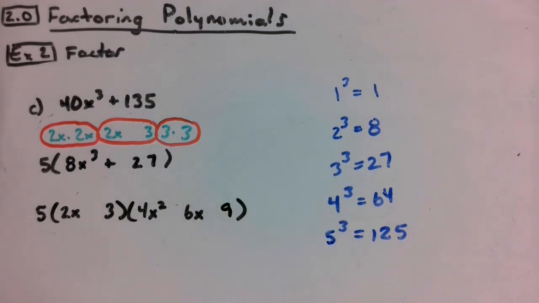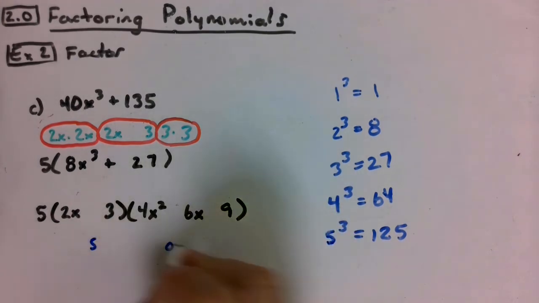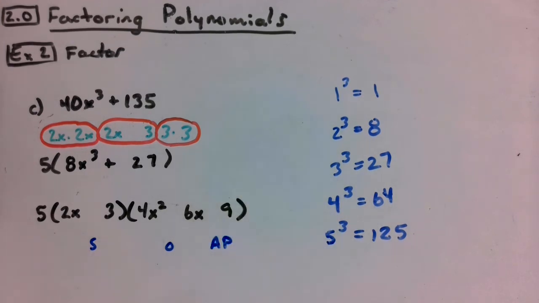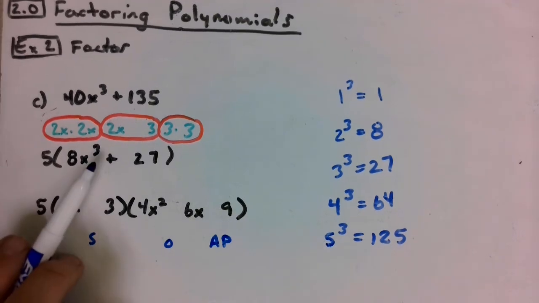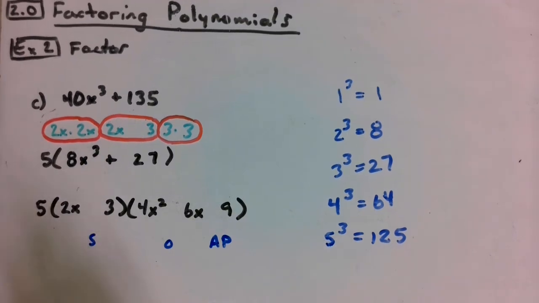And then, using the acronym SOAP, I should be able to get the pluses and minuses in. S stands for same. Originally that was a plus, so I'm going to use the same symbol here. So it will be a 2x plus 3 in the first set of parentheses. O stands for opposite, and the opposite of addition is subtraction.